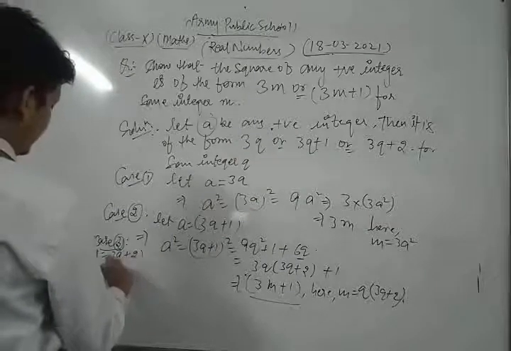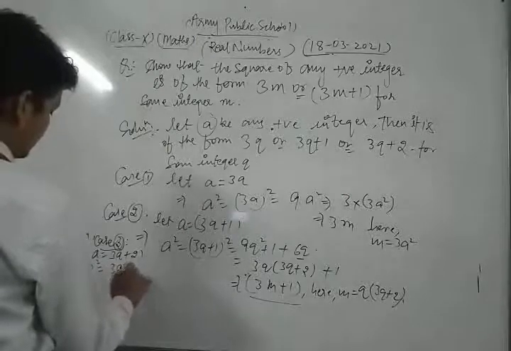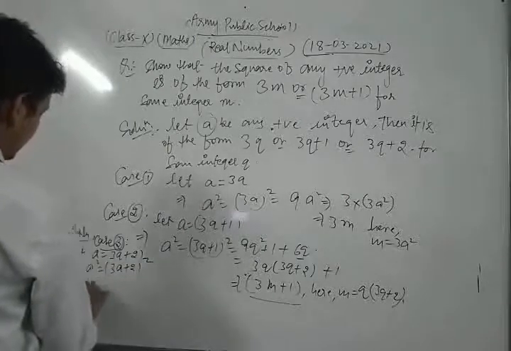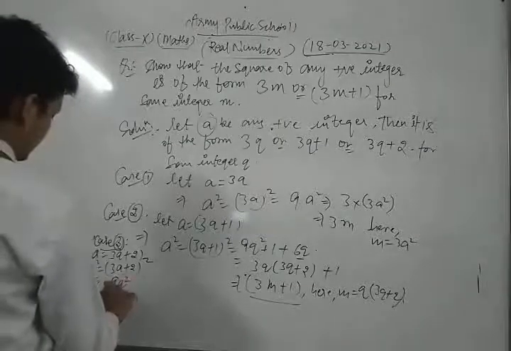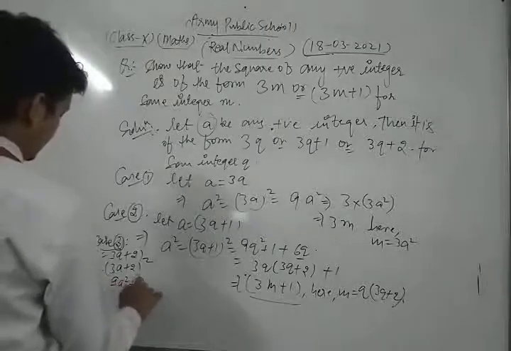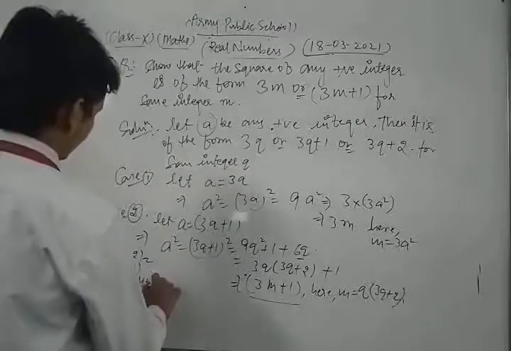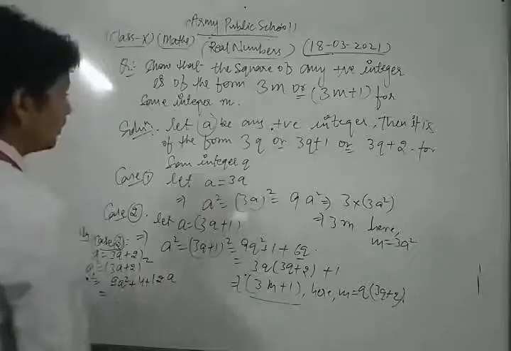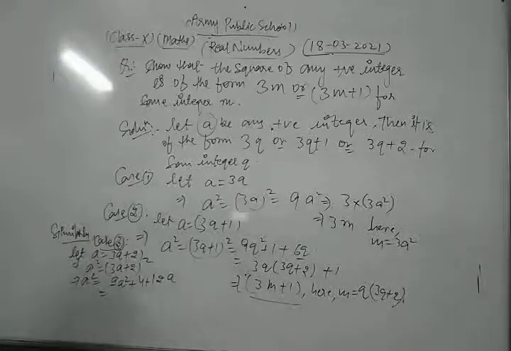Then its square, which is a square plus b square plus 2ab. Now we have to show that this is also of the form 3m plus 1. Let's see here.